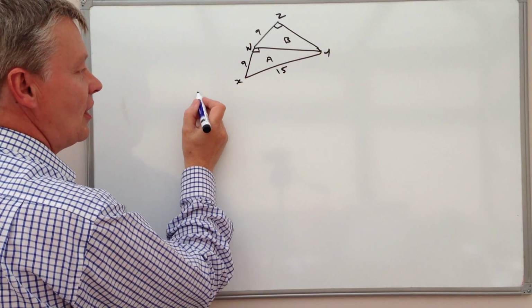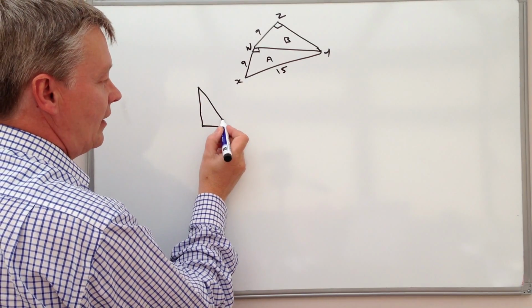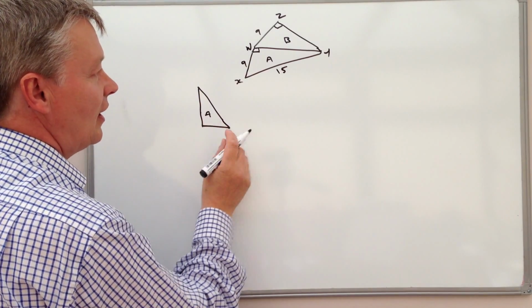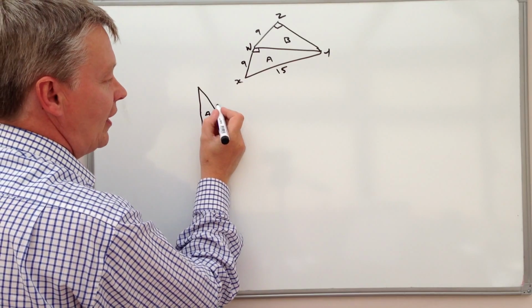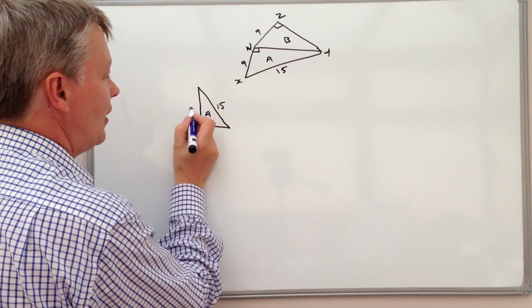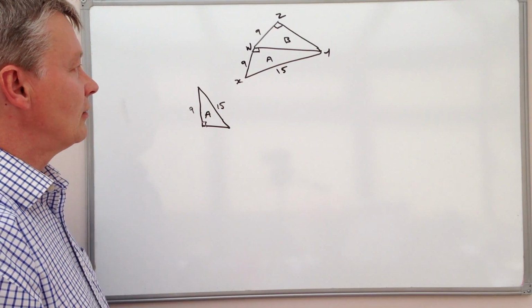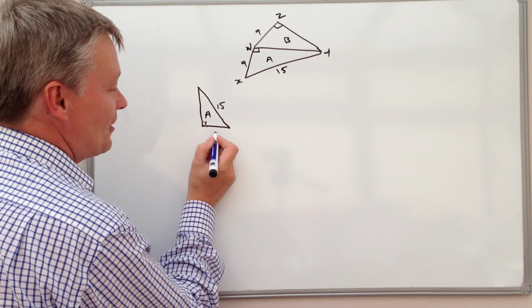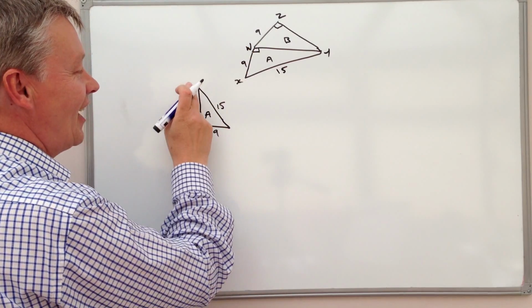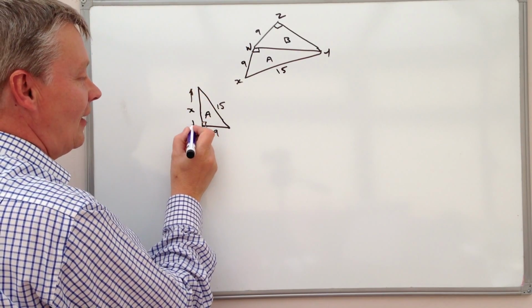So the first thing I'm going to do is draw triangle A. If I have a look at that, I've got 15 centimetres along the hypotenuse, and I know that's a right angle. No, I haven't, I've got 9 centimetres at the bottom, which is this bit here, and I want to know this dimension here.